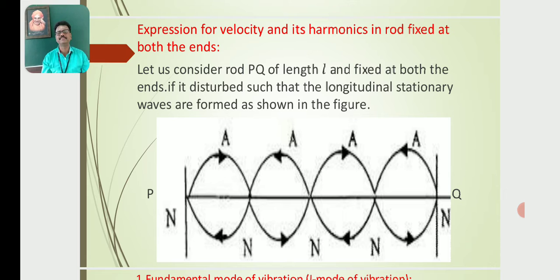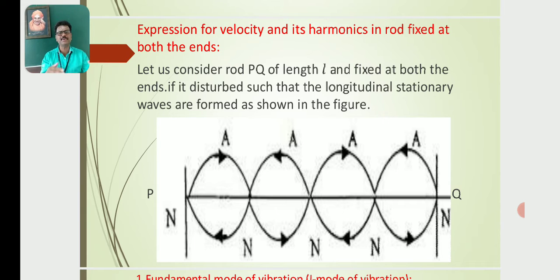If the rod is plucked and released, then vibrations are set up along the length of the rod, such that the longitudinal stationary waves formed are shown in the diagram, which form a series of nodes and antinodes.